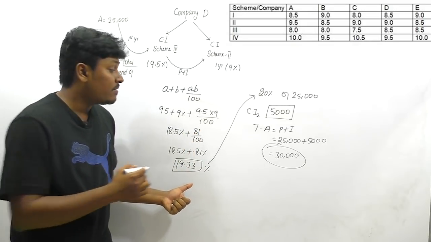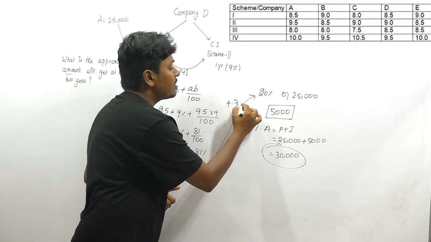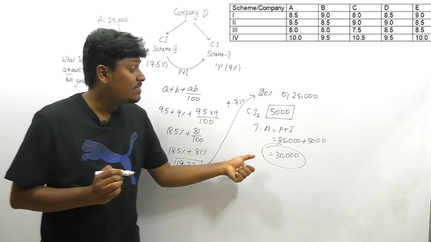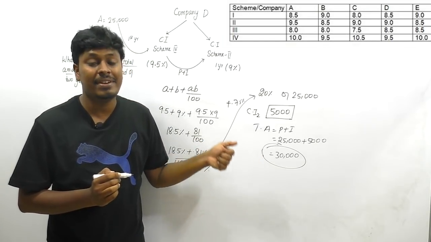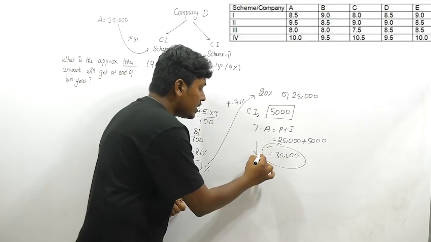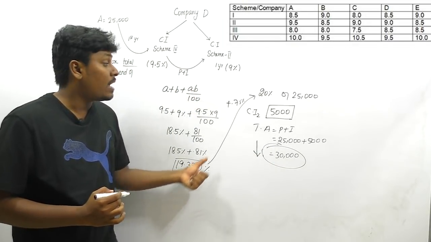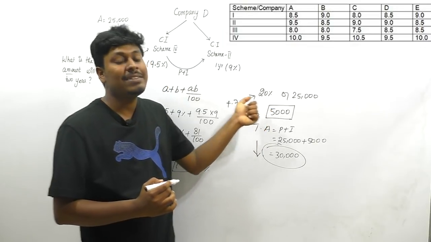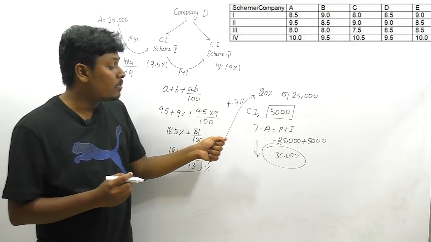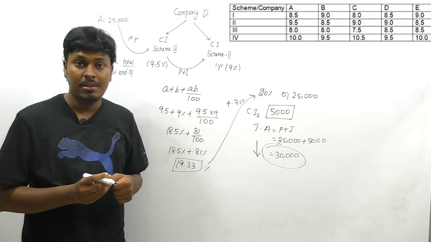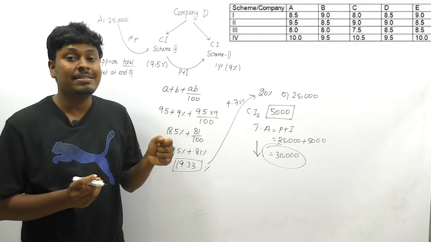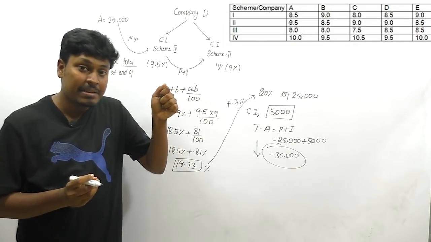We took 0.75 percent more, right? The answer we obtained is 30,000. So definitely the answer should be below 30,000. Don't forget 19.33 percent, and we took 20 percent, that is 0.75 percent more, and the total amount we finally got is 30,000. So we can definitely say that the total amount should be below 30,000.